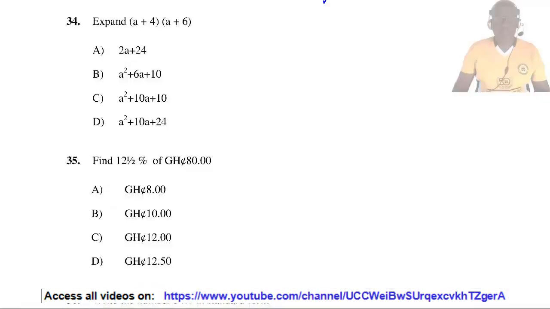Question 34. Expand into brackets a plus 4 times into brackets a plus 6. A plus 4 in brackets times a plus 6. We shall multiply a by a, and that will give us a squared.